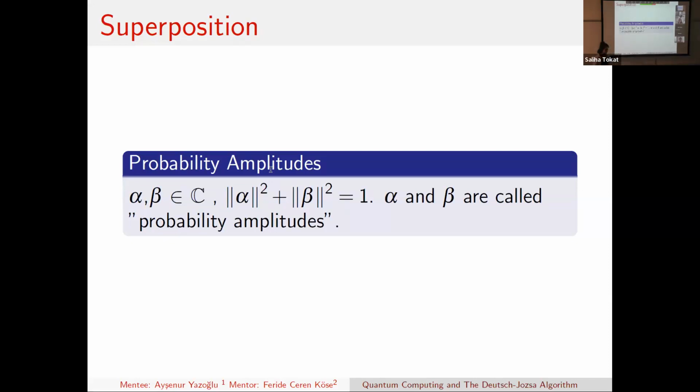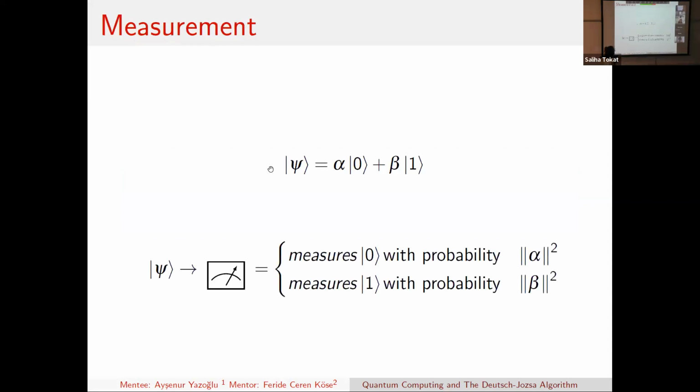What I mean by that is qubits carry probabilistic information about what states they prefer more to collapse to.